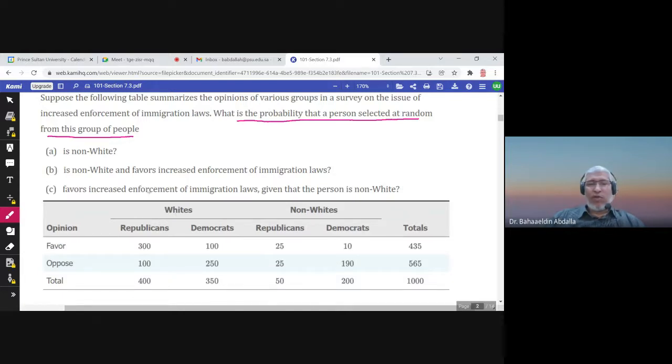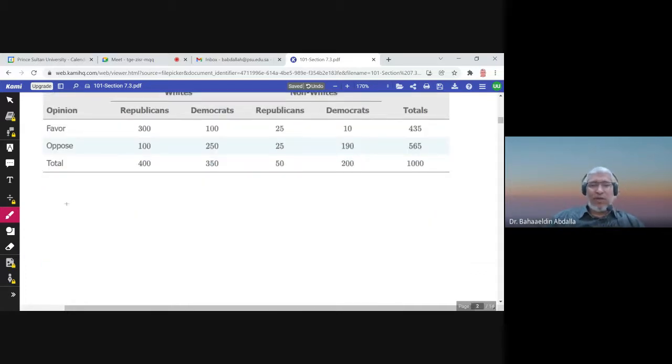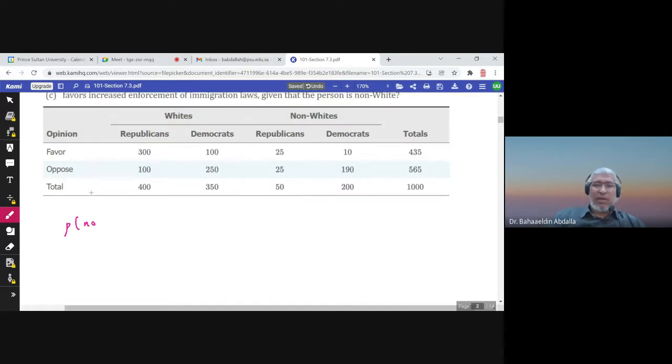Okay, so we will do what? We will select a person. We will select a person at random. And the question, what is the probability that this person is non-white? So how to find the probability that a person is non-white? Okay, you can call it E or whatever, non-whites.